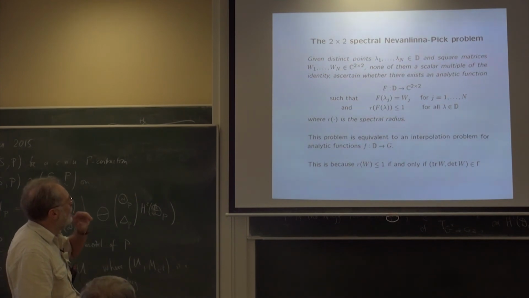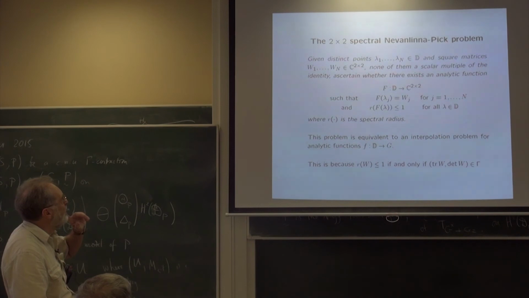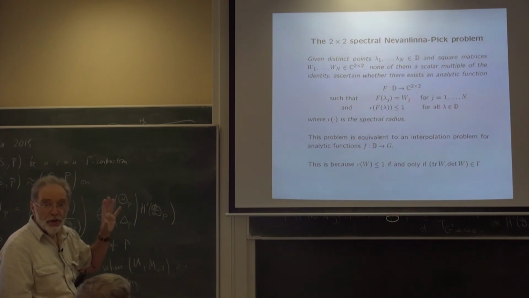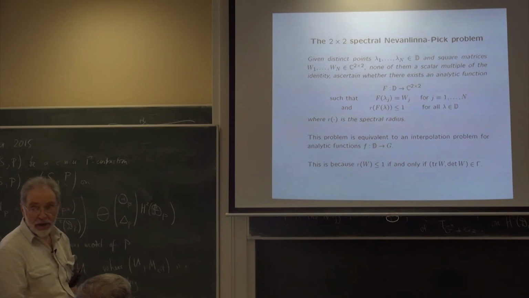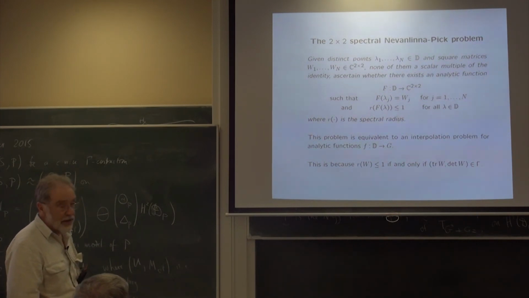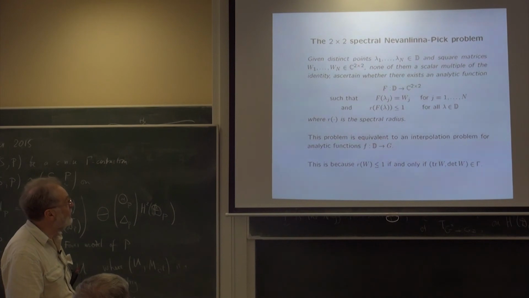It's convenient to assume that none of them is a scalar multiple of the identity. And you want to do a sort of Nevanlinna-Pick interpolation there. So you want to construct an analytic function in the disk whose values are 2x2 matrices, which meets these interpolation conditions. It takes the jth interpolation node into the jth 2x2 matrix.